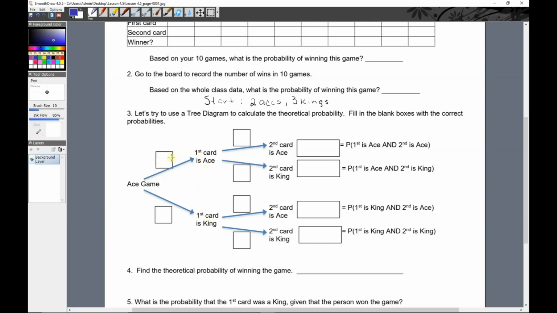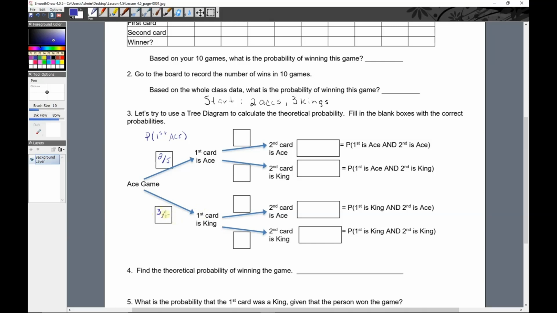So if the first card is an ace, remember there's 2 out of 5. And we'll just call this event the probability that the first is an ace. All right, the other outcome would be not getting an ace. So that would be a king. King and not an ace are the same thing.